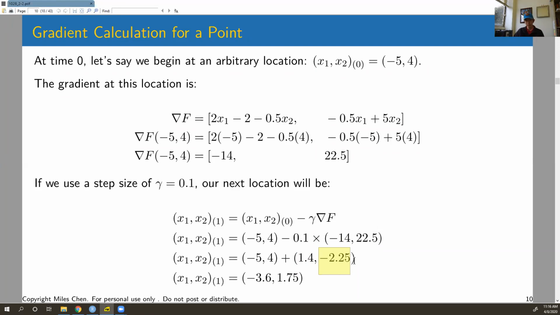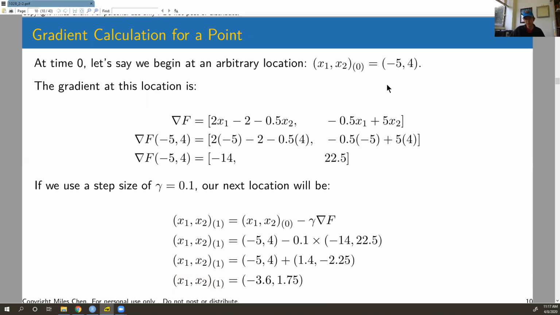So that's what I have right now. And I'm going to add my current value, -5, 4, to this scaled gradient vector. When I do that, -5 plus 1.4 gives me -3.6, and 4 plus -2.25 gives me 1.75. So this is going to be the coordinate at the next iteration.